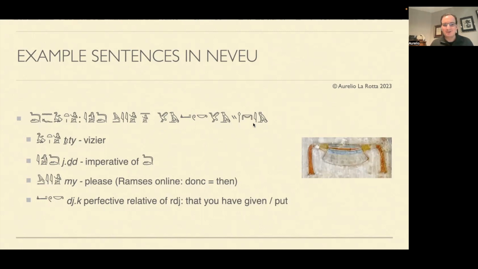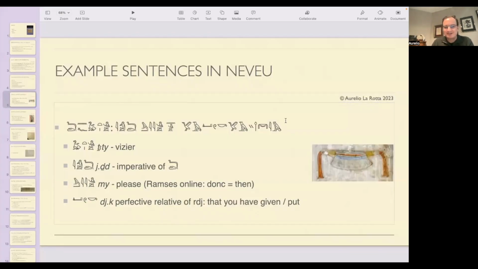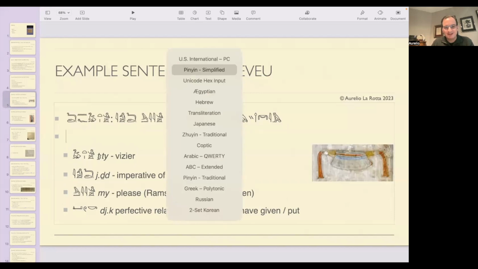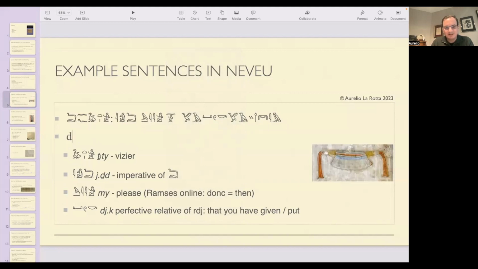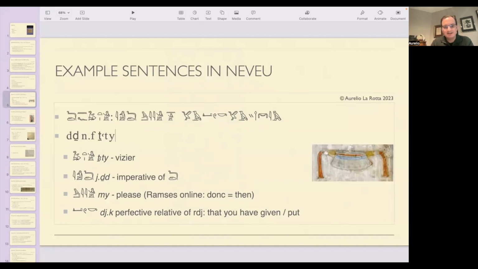Pretty strong sentence for a warm-up, I must say, but I hope it's reasonably clear. I should probably spell out how that's constructed. Let me do that real quick. So Jed nef Chati, and of course they didn't use punctuation signs, but I'm just going to add them for our own convenience. Ejed, that's the imperative.